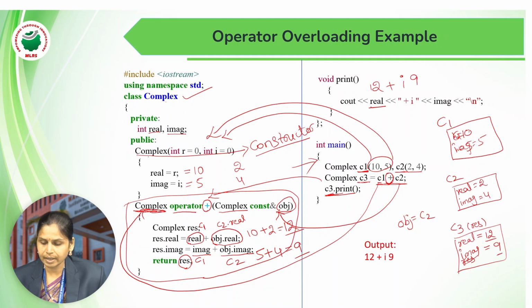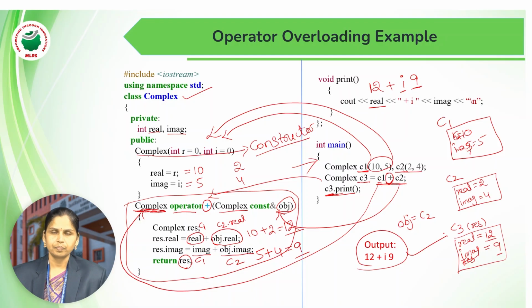So cout real plus i and imag. The real value is 12, it appends i, and the imaginary value is 9. Here we got 12 plus 9i. In this example, we are overloading the plus operator. It is a best example for operator overloading.